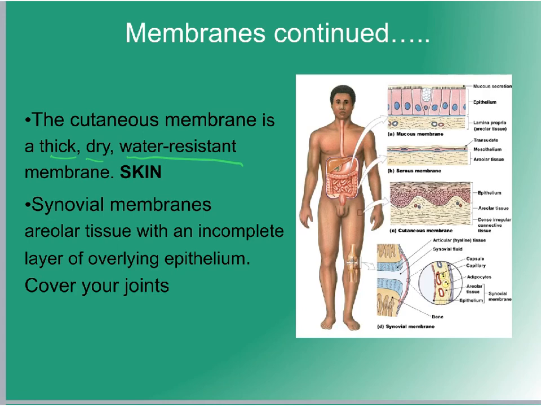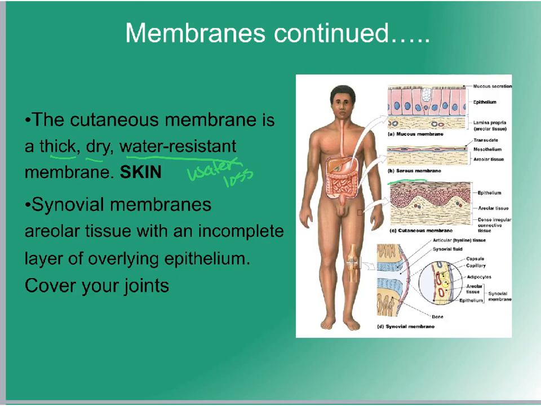On the surface, it's dry, and that helps to prevent not necessarily water entering the body, but helps prevent water loss. So your skin is kind of like this waxy membrane that prevents water loss, or prevents water from continuously leaking out of your body.